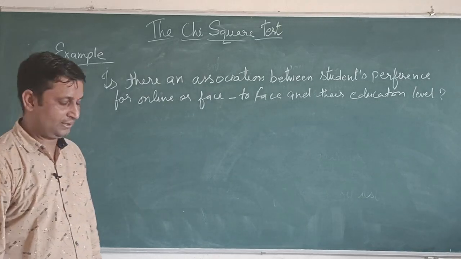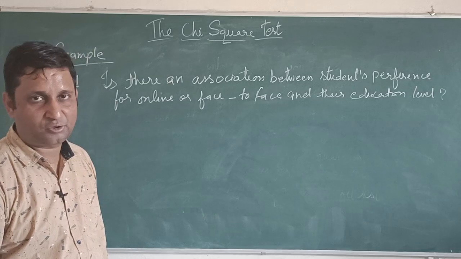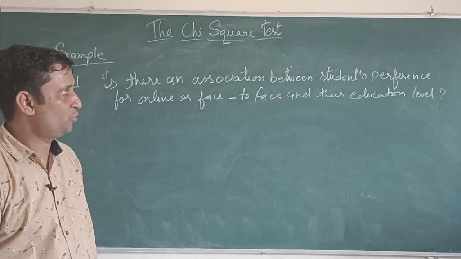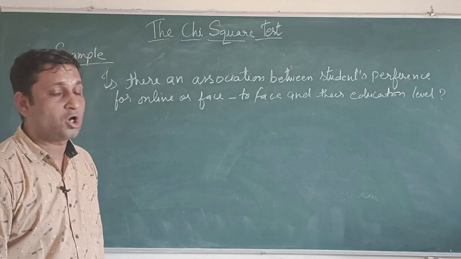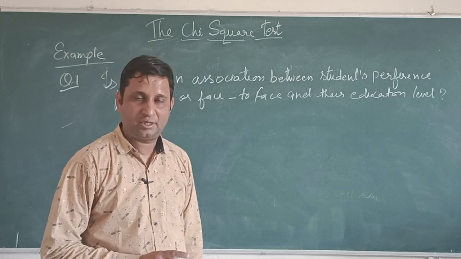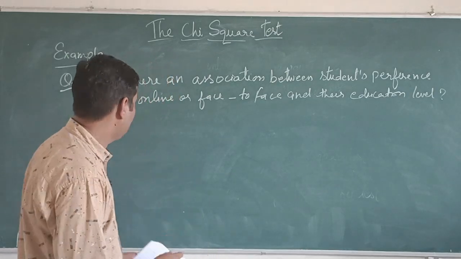Suppose that kind of situation we will face. For example, I have already said in the question part: is there an association between student preference for online and face-to-face and their educational level? How can we do it? Just look.